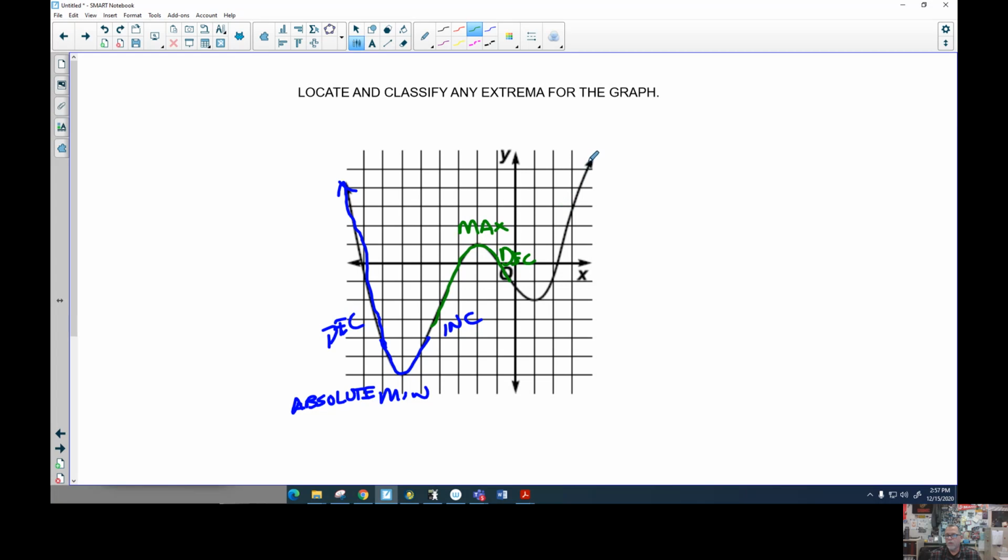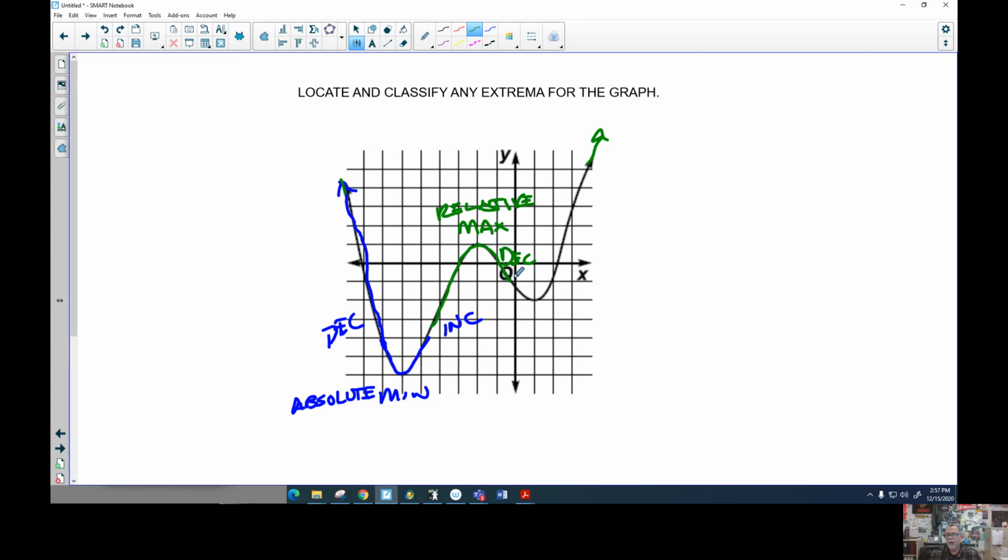But there are values up here. This goes on forever, right? And so does this. So there are other values on this graph that are greater than this maximum. So this is not an absolute maximum. This is what we call a relative maximum. Why do we call it a relative maximum? Because relative to the points to each side, it is larger. It's larger than any point to the left and any point to the right. So it is a relative max.